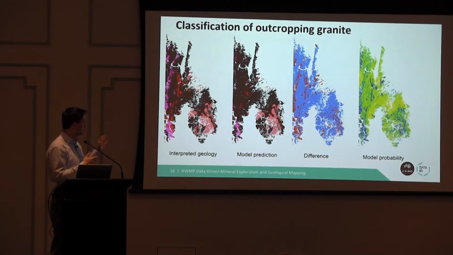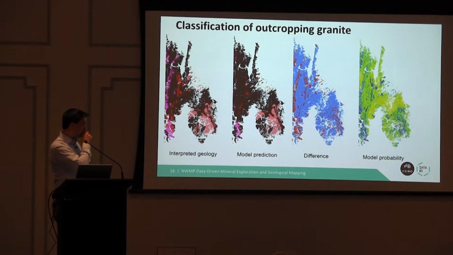And then we have to the right the model prediction and the difference between the model prediction and the interpreted geology, and also we can deliver the model probability. So in the difference, the red areas are the disagreements, the model probability, the yellow says high probability of that class occurring, the blues are low probability of the class occurring.